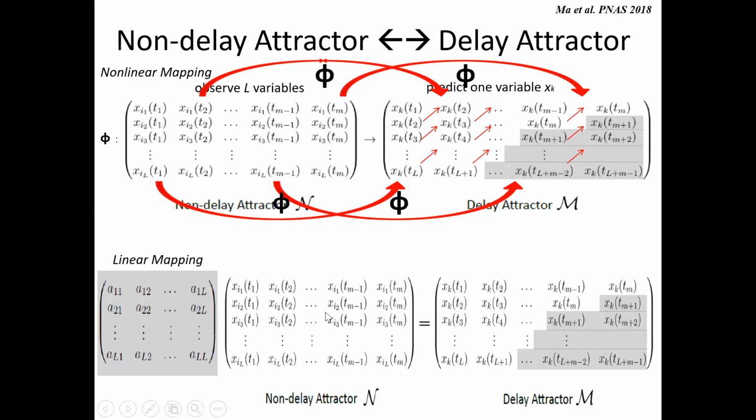All the others are available. So if we solve the linear equation, then we can make the prediction. We can get this linear map phi, and also the future value of the variable. So this is a linear equation. It's very easy to solve.